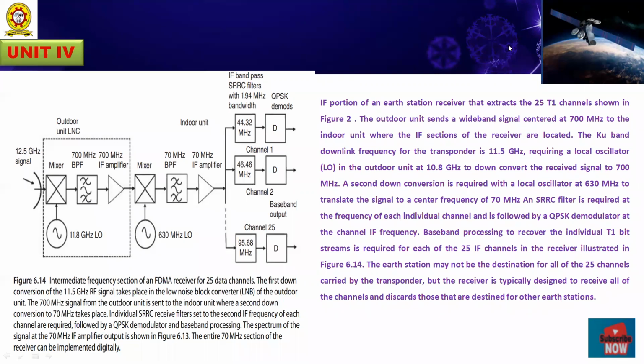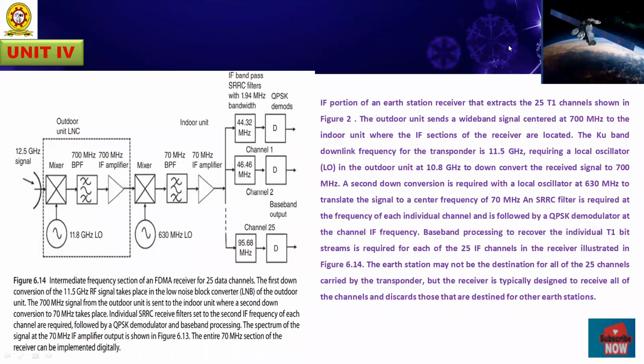In this picture, the first down conversion is applicable for the 11.5 gigahertz RF signal. This 11.5 gigahertz RF signal is taken by the low noise block converter, the LNB converter, of the particular outdoor unit.